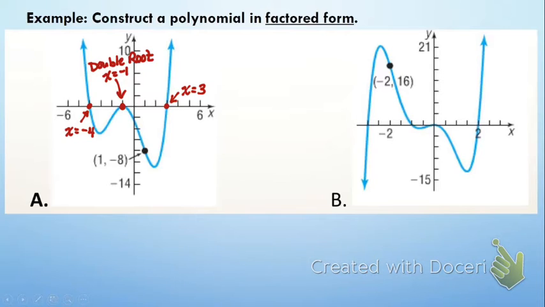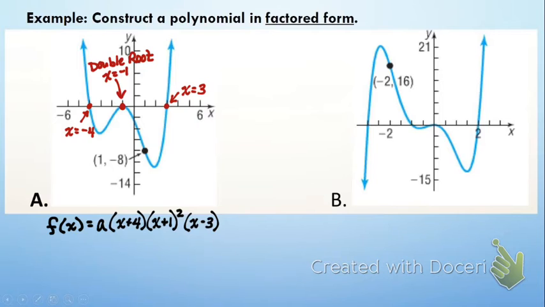So I know when I go to start writing my function, I write f of x equals, what do I need right after the equal sign? Do we know what that is? So how should I represent that here? A. And then I can write my factors based on my zeros. What are my factors going to be? X plus 4. X plus 1 squared. And x minus 3. You guys with me so far?